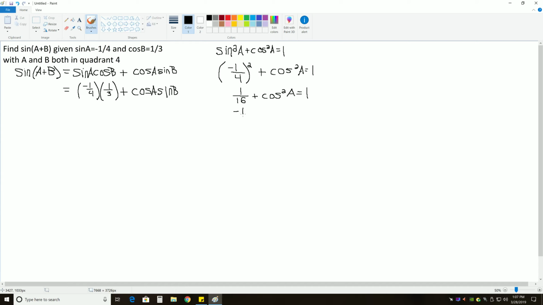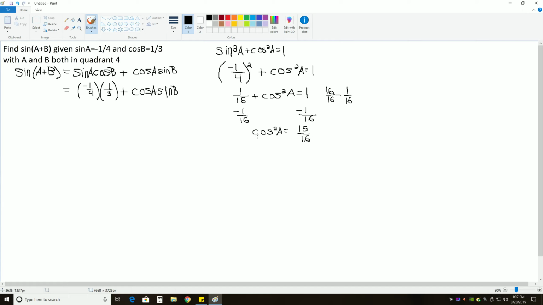And now we can subtract 1/16 from each side of the equation, which gives us cosine squared A is equal to 1 minus 1/16, which is the same thing as 16 over 16 minus 1/16. Whenever you have 1, it's the same thing as any number over itself. So 16 minus 1 over 16 gives us 15/16.